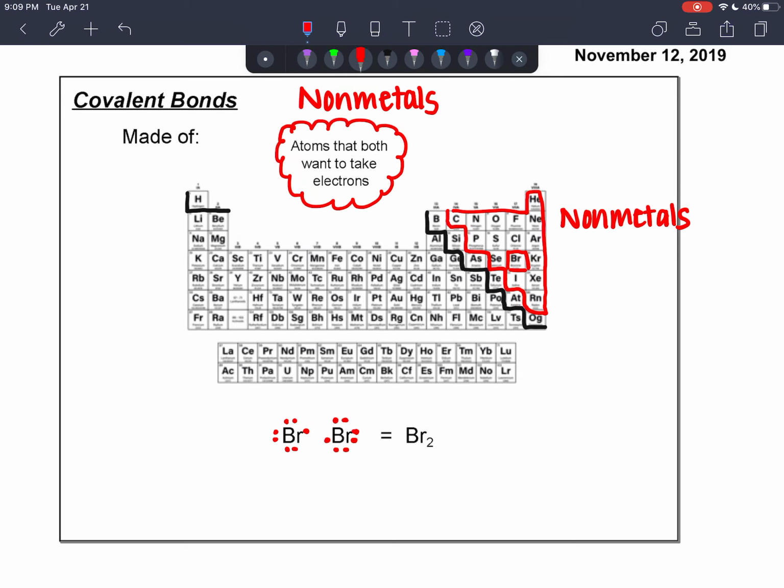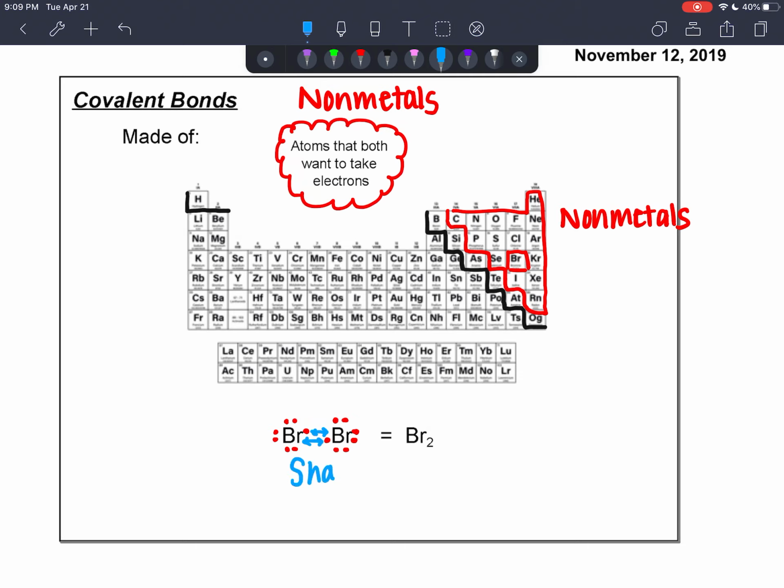Now, since these atoms are both electron takers, neither one of them is going to be willing to give up an electron to fill their octet rule. So what they're going to do instead of giving up is they're going to decide to share. So this electron is going to spend equal amounts of time between the two bromine atoms, and this electron is going to spend equal amounts of time between the two atoms.